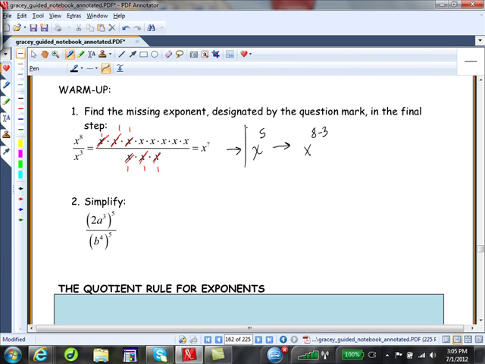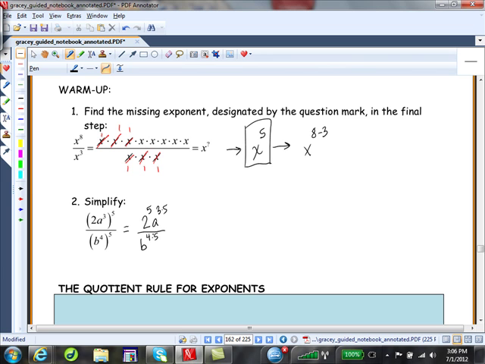I mean, this is the answer. How did we get there? Well, when you're dividing same base, what do you do with the exponents? Good, subtract. And then this next one gives us 2 to the 5th, a to the 3 times 5 over b to the 4 times 5.